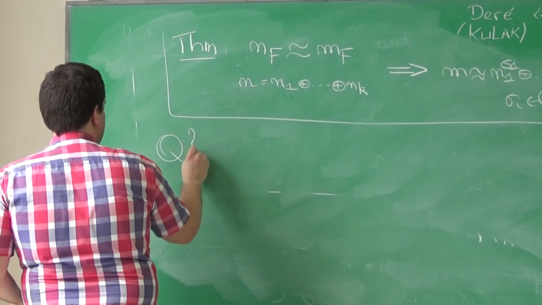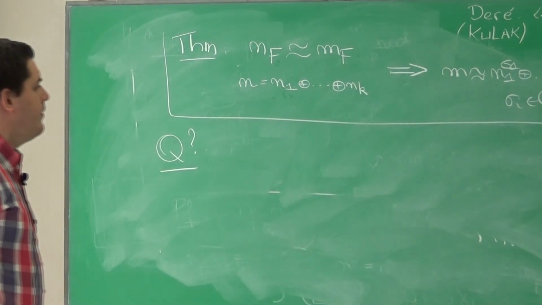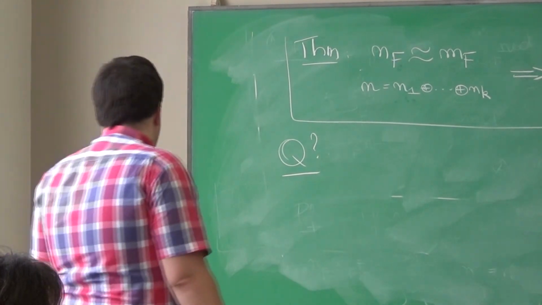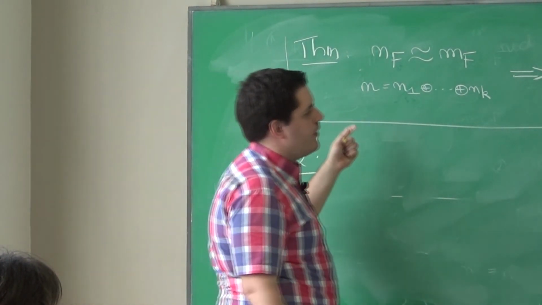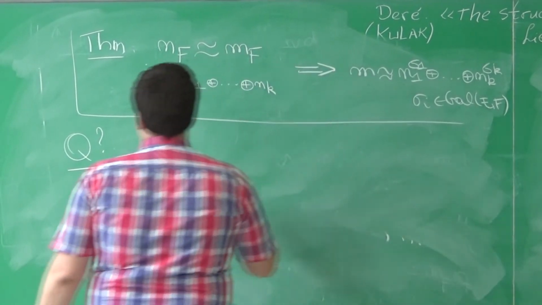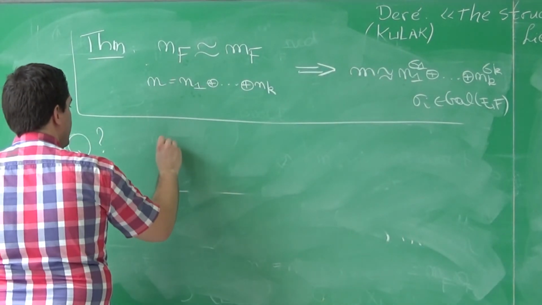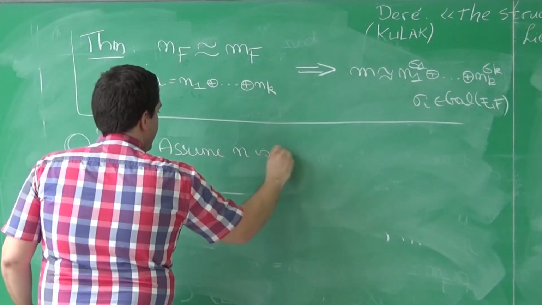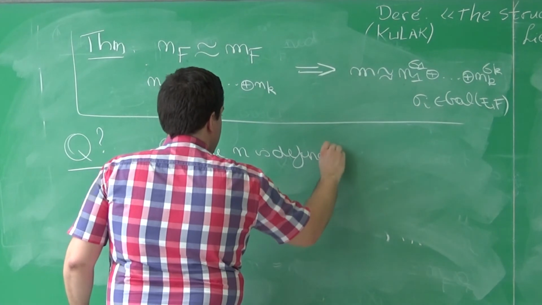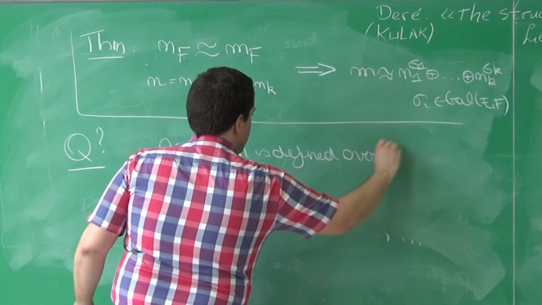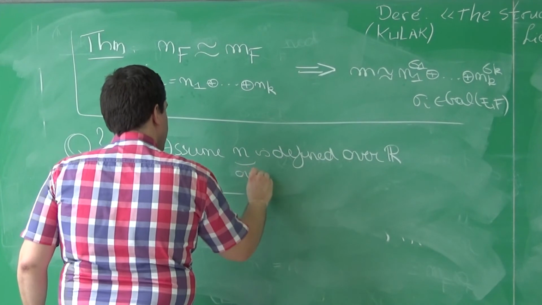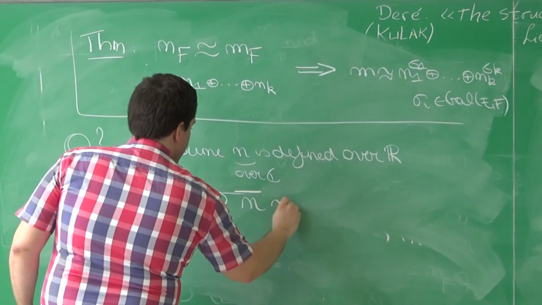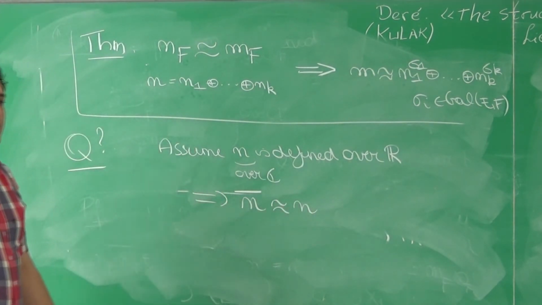And the question that is still open for me: I said before that if a Lie algebra is defined over R, so N is a complex Lie algebra defined over R, then we know that the complex conjugate is isomorphic to the Lie algebra itself.